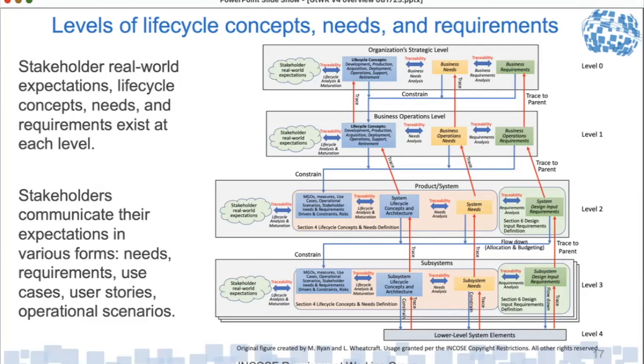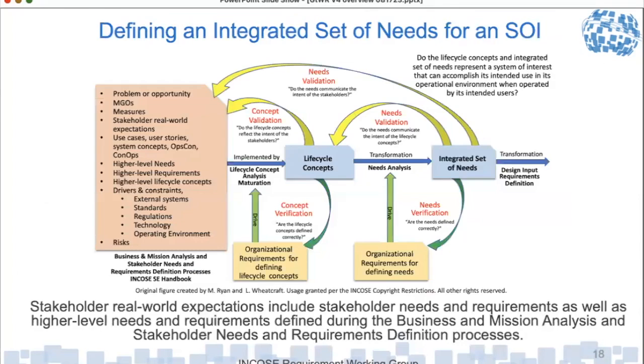The section 4 that's talked about in here is section 4 of the needs and requirements manual. Section 6 is also the needs and requirements manual as well. When we're defining the integrated set of needs, we solicit all the inputs, then we do the lifecycle concepts analysis and maturation and develop a set of lifecycle concepts, and those are transformed through needs analysis into the integrated set of needs.